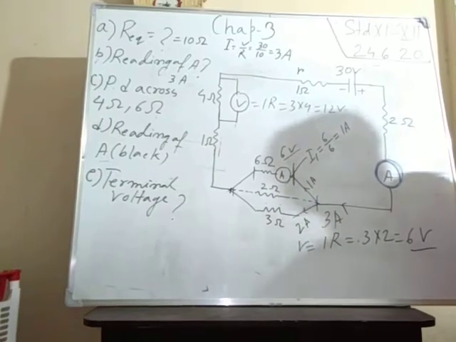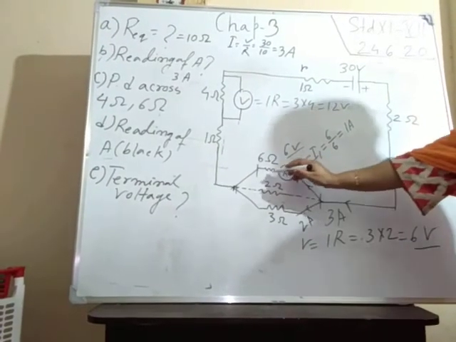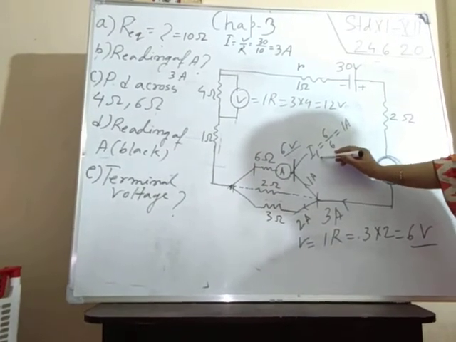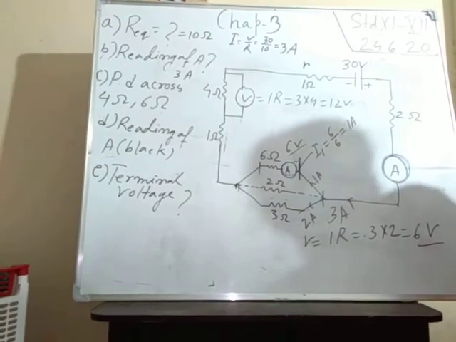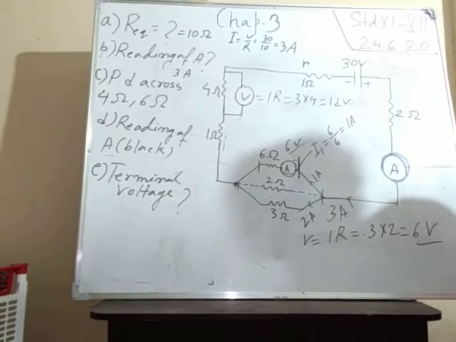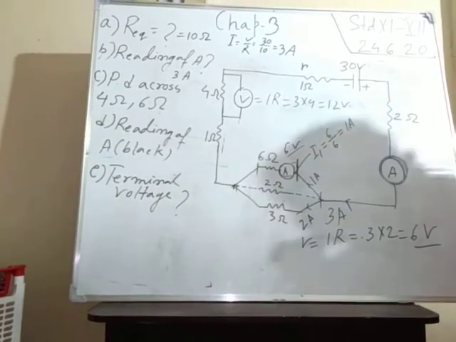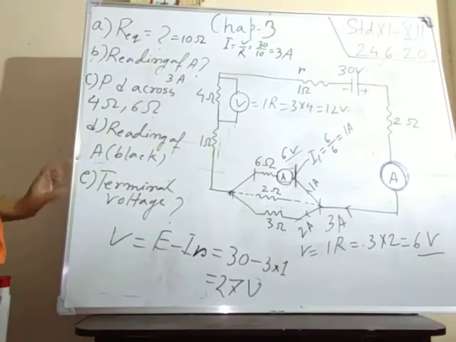So across 6 ohm resistor, the potential difference is what? 6 volt, and the resistance is 6 ohm. So here I1 that can be measured by this black colored ammeter is 1 ampere. So up to 4 number we have found out. Now I will find out terminal voltage.